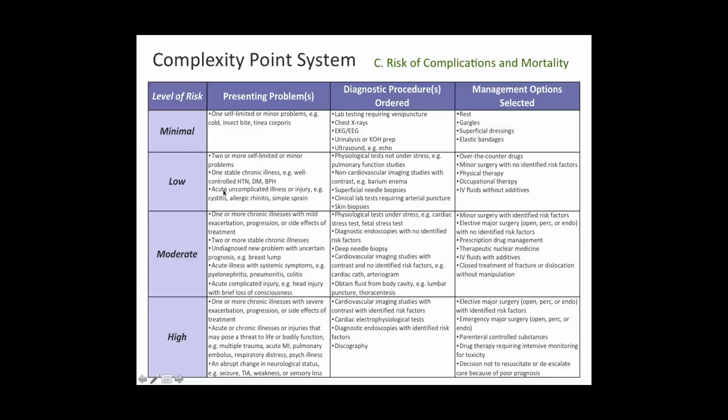So an example of that is, just say that a patient comes in for hypertension and it was stable and improving. So here we have one stable chronic illness, and let's just say that the physician adjusted the medication, maybe for the patient to take a lower dose. So we have prescription drug management here. Because prescription drug management is in the moderate category, the risk for this particular example would be moderate.